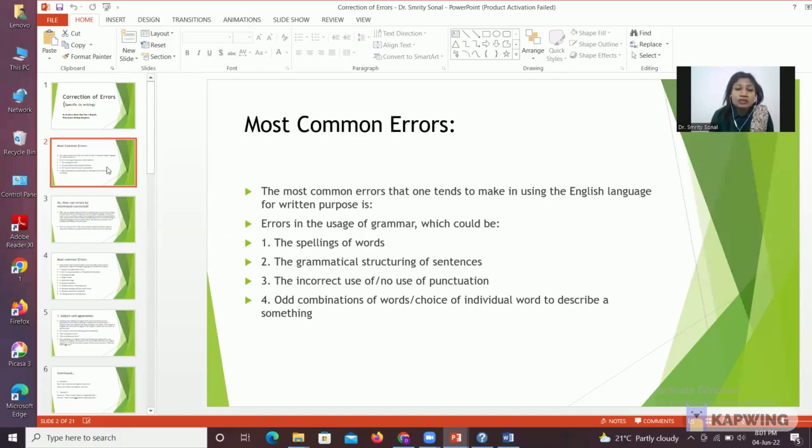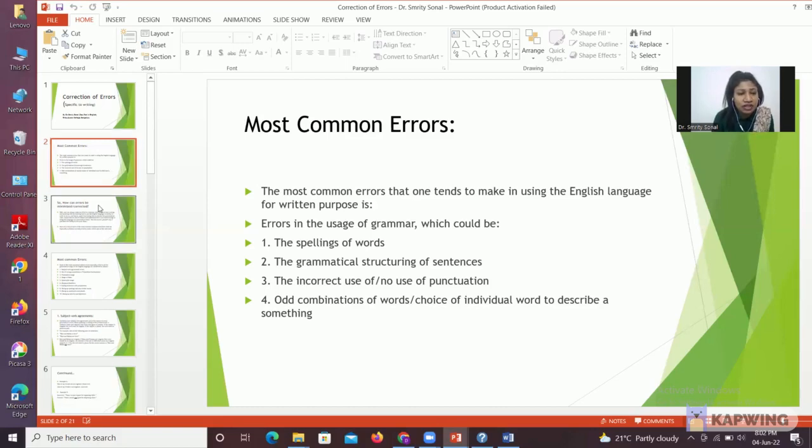The most important idea behind identifying your errors and correcting them is so that we can smoothen the kind of communication that we have. And the stronger the communication is, the better the person is able to understand what you really want to convey, your message.